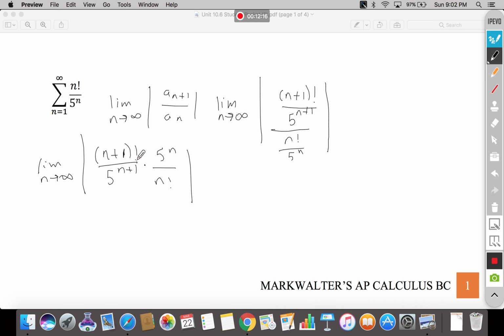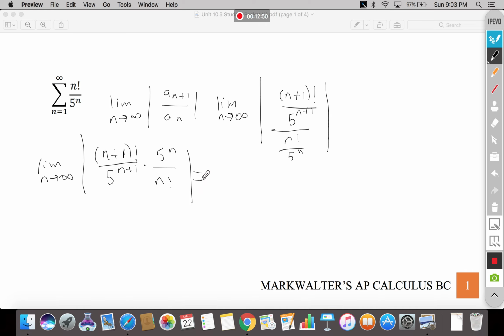Remember, factorial is telling us, take this thing and multiply it by the numbers below it, multiplying itself down, like 5 factorial is 5 times 4 times 3 times 2 times 1. So what did we realize? Oh, well, n plus 1 factorial is really n plus 1 times n factorial. That's what I see down there. So I'm going to get some things canceling out.